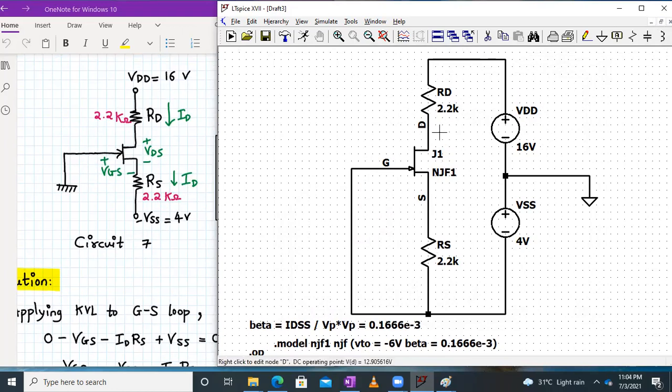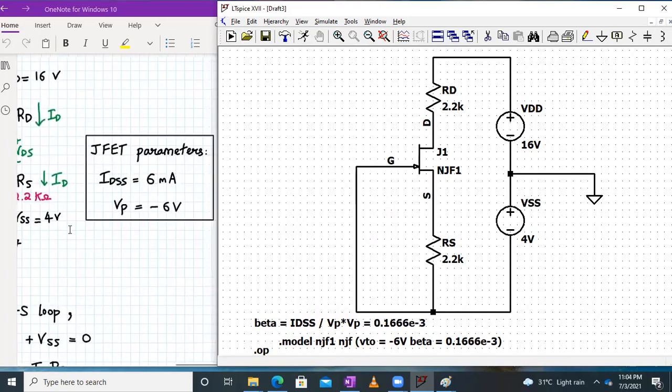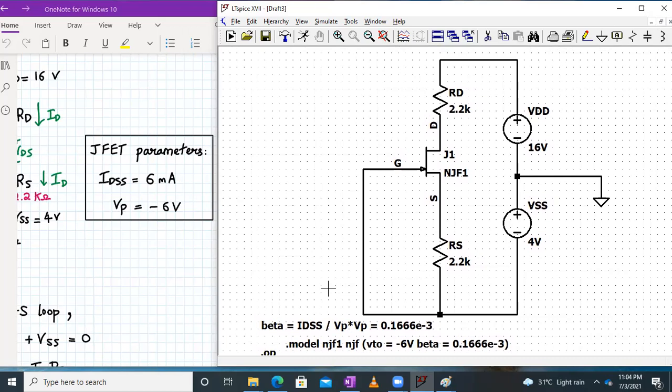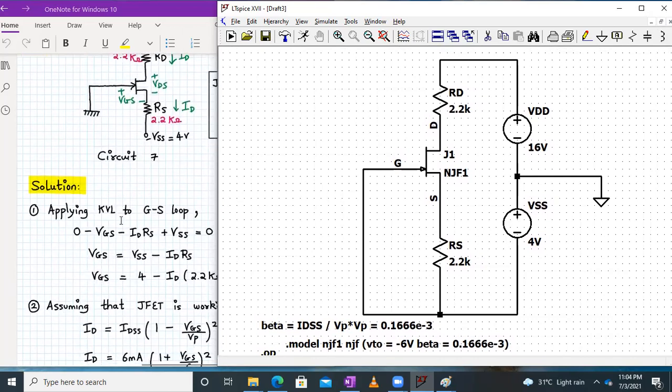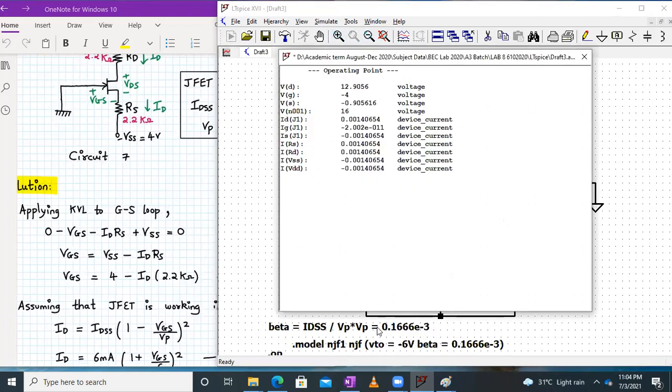And here RD value is 2.2K and beta value is 6 milliamperes divided by 6 square, which is, let me cross check that once, 0.166. Yeah, it is correct. And VTO is also minus 6 volts. So maybe in this case, analytical calculations might be slightly mistaken. So please check that. Let me cross check the values over here.